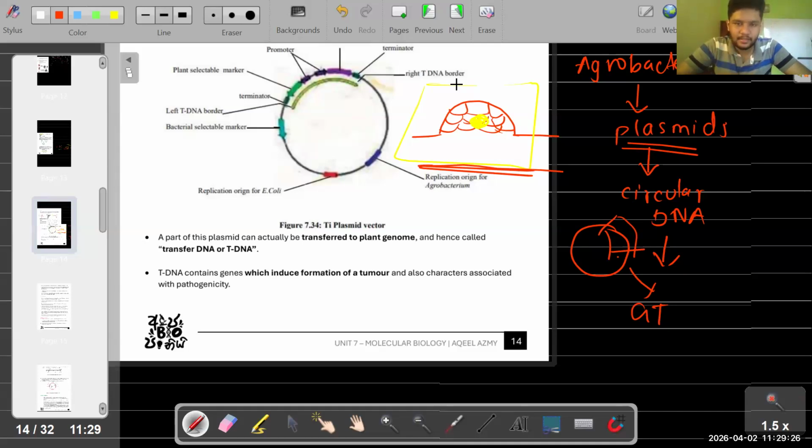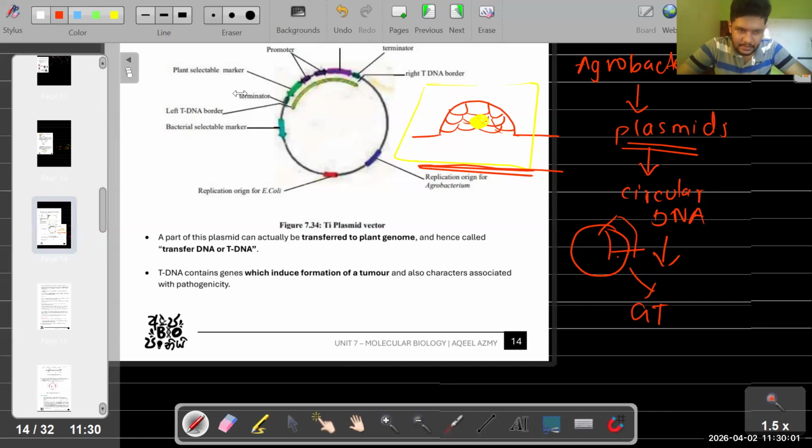They are the segments of plasmid. What type of plasmid? Just a few minutes ago we learned. They are segments of what type of plasmid? Tumor inducing plasmid.